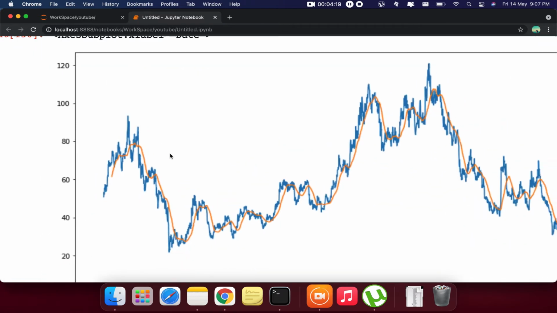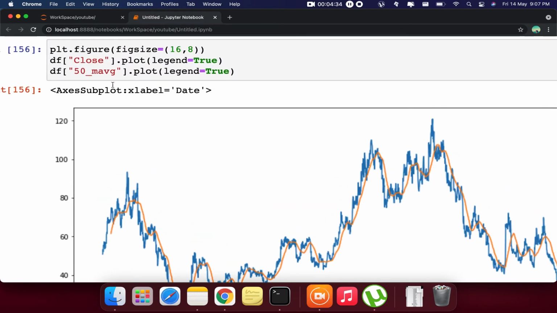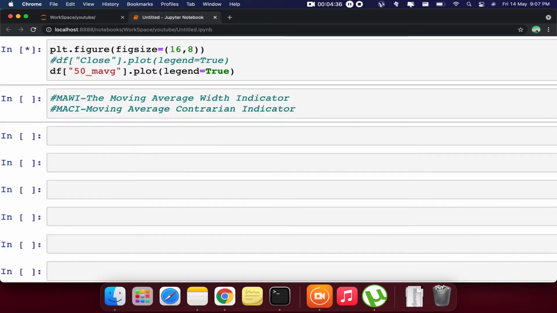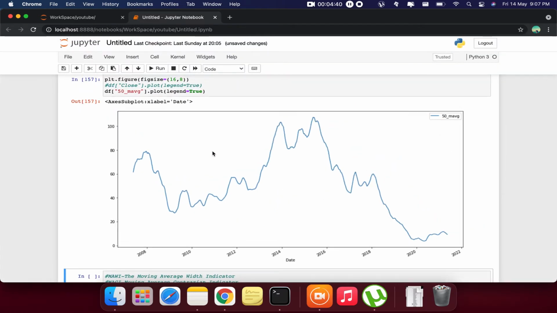So if you can see the chart, you see whenever there is a bearish trend, the moving average is also going downside. Whenever there is an upward or bullish trend, it will also move in that way. So even if you don't see the close price, we'll get a pretty good idea about the trend line. So this is the trend line.